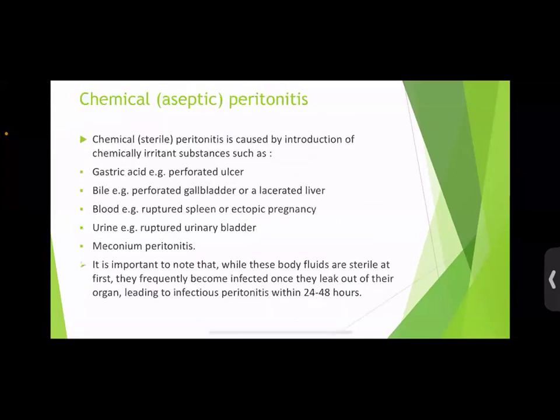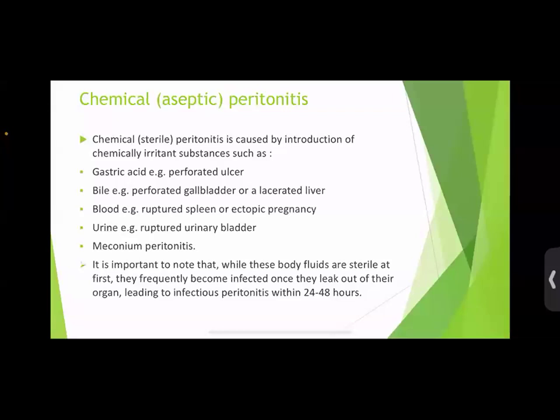Chemical peritonitis is caused by introduction of chemically irritant substances such as gastric acid due to perforated ulcer, bile due to perforated gallbladder or lacerated liver, blood due to ruptured spleen or ectopic pregnancy, urine due to ruptured urinary bladder, and meconium peritonitis. So meconium is the first stool of an infant.